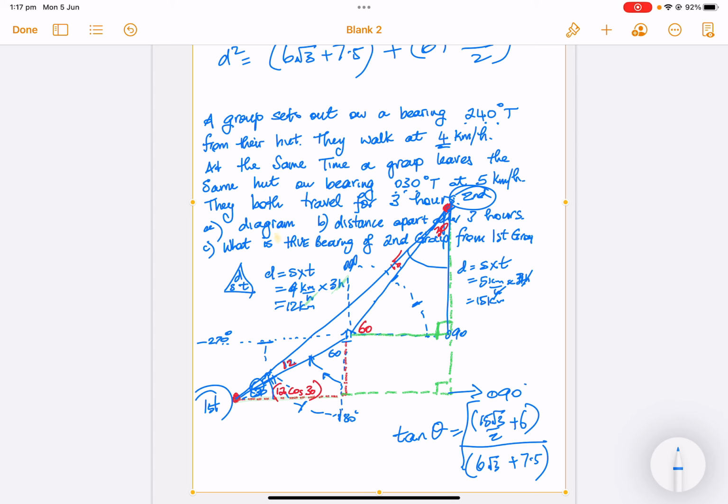So whatever that fraction is, you get the angle by taking the inverse tan of that answer. And whatever that is, you take that angle off 90 and that would be the bearing. So if that was, say, 15 degrees, which it's not, you'd go 90 take 15 is 75, so the bearing would be 075 degrees true. Horrible question.